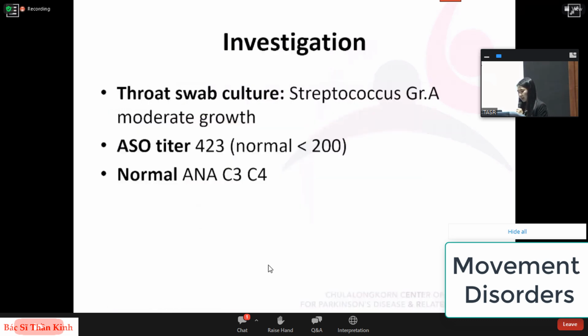So we did the investigation and it showed a high ASO titer and a throat swab culture was positive for Streptococcus. So we diagnosed Sydenham chorea for her and she was treated with penicillin. However, the movement still relapsed. So she went for further investigation.